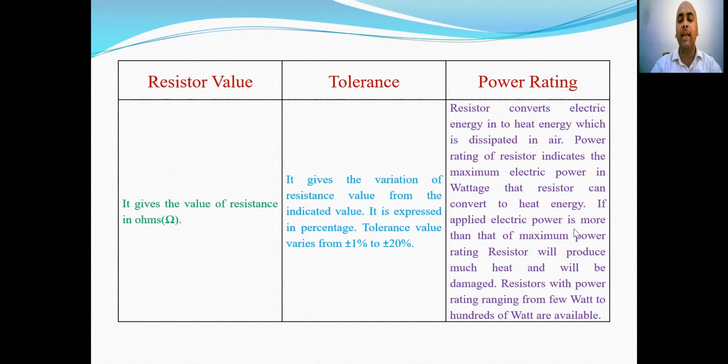If the applied electrical power is more than the maximum power rating, the resistor will produce too much heat and will be damaged. Resistors with power rating from a few watts to hundreds of watts are available.